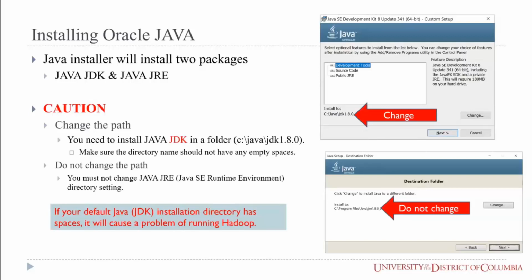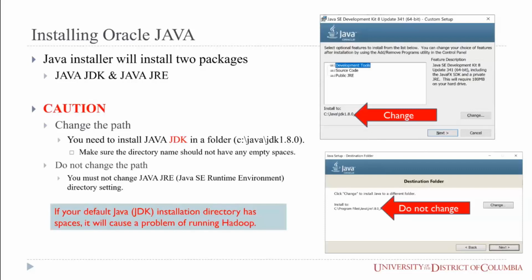How can you do that? Simply, if you click this Change button, you can change the directory path, right? Make sure you change it, as it says. However, once you finish clicking next, it asks you for another path. This is the Java runtime environment.